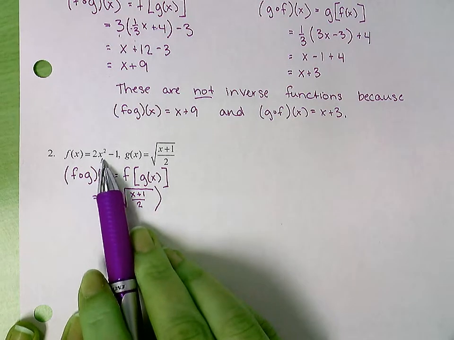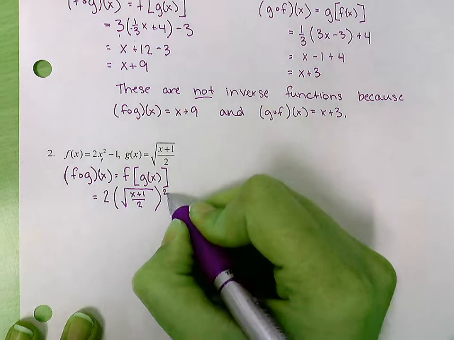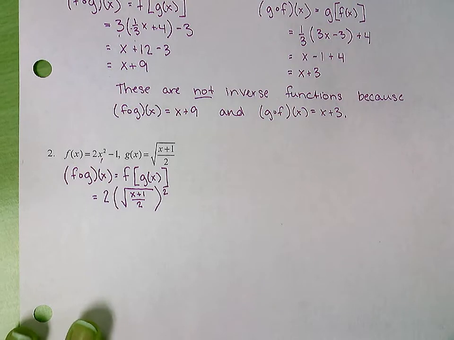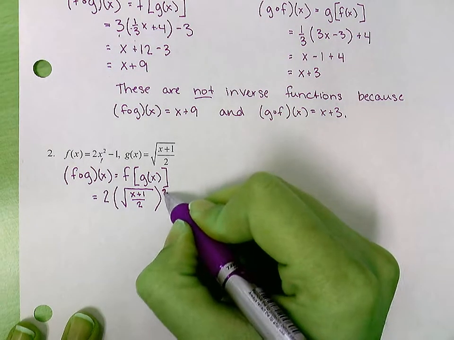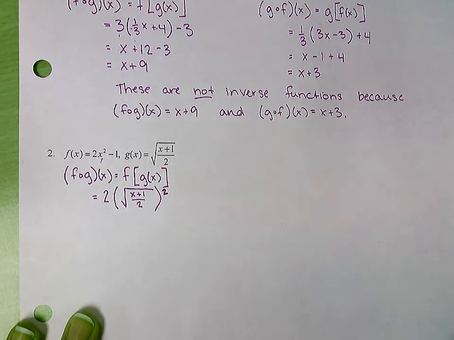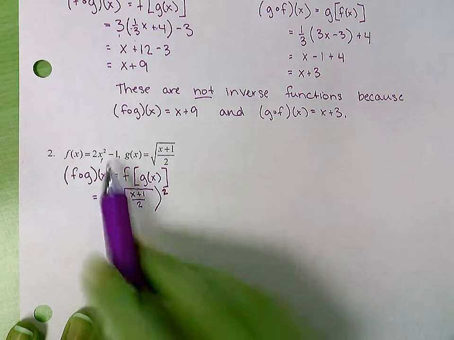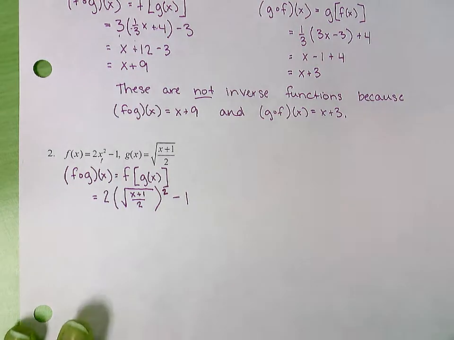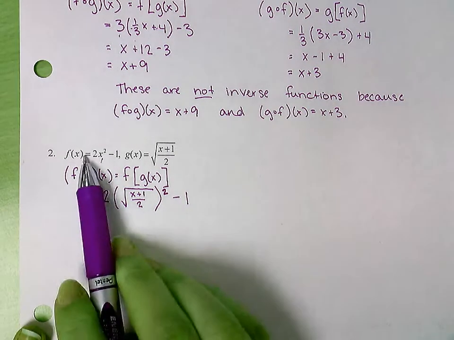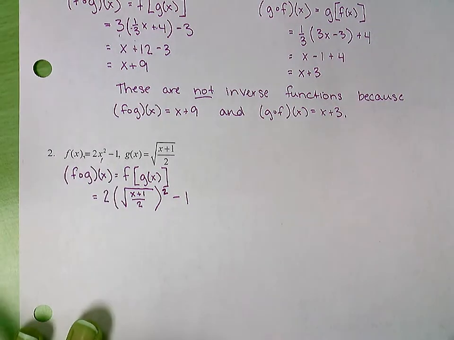Now this x is squared. Don't forget to square that quantity. And then I still have to subtract 1, because that was in my f of x function here.